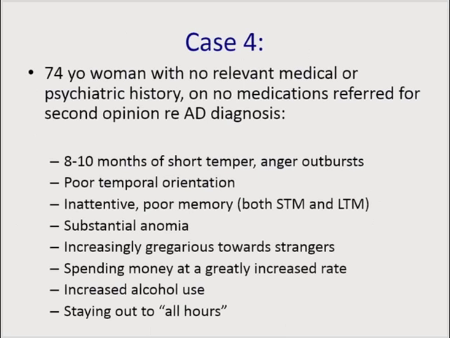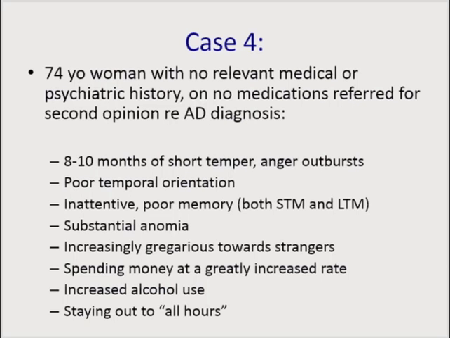Okay. So the fourth case is a 74-year-old woman who had a diagnosis of AD, but her family brought her in for a second opinion. Her behavioral state was characterized by both short-term and long-term memory deficits, substantial anomia, but also a lot of behavioral change.